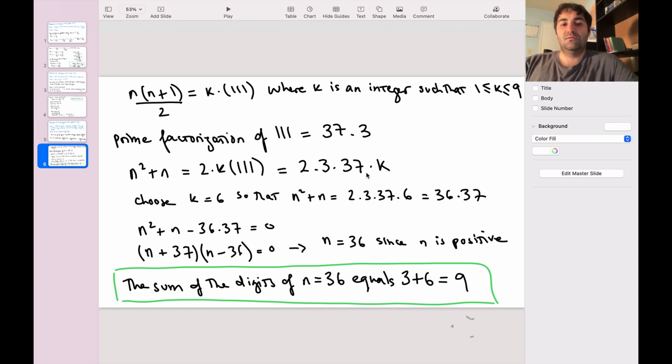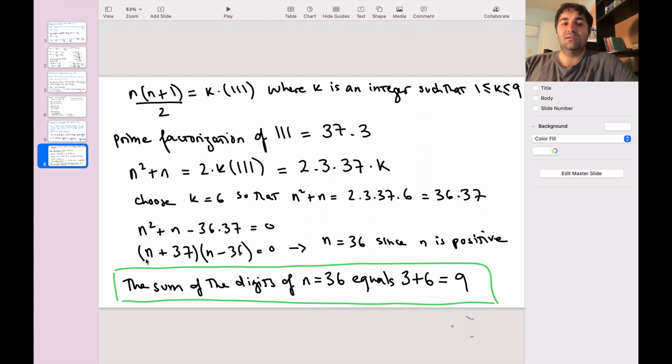So what I'm going to do is we want to get as close to 37 as possible, and then we'll be able to simplify it that way. If we choose k is equal to 6, then we get 2 times 3, which is 6, times k is 6, and then we get 36 times 37. So we have n squared plus n minus 36 times 37 is equal to 0.